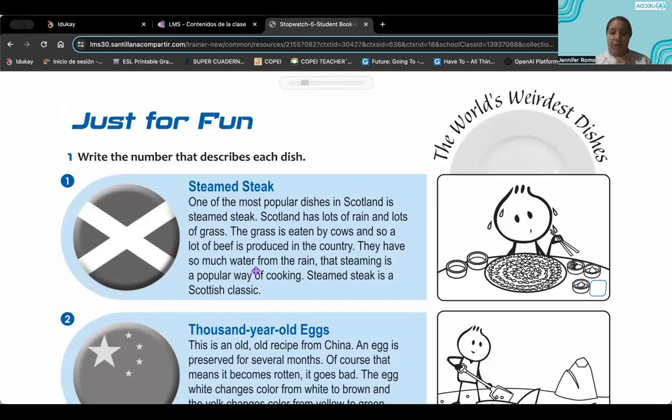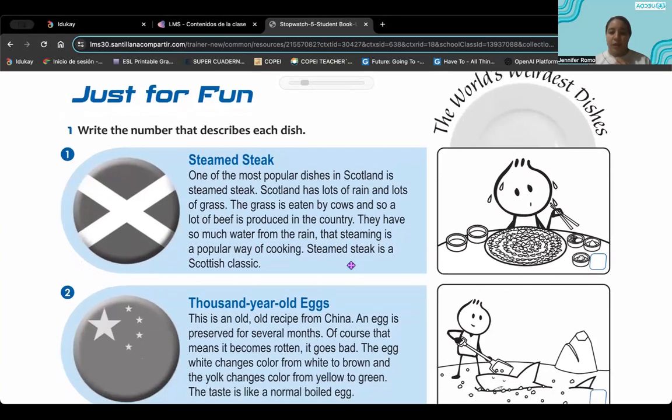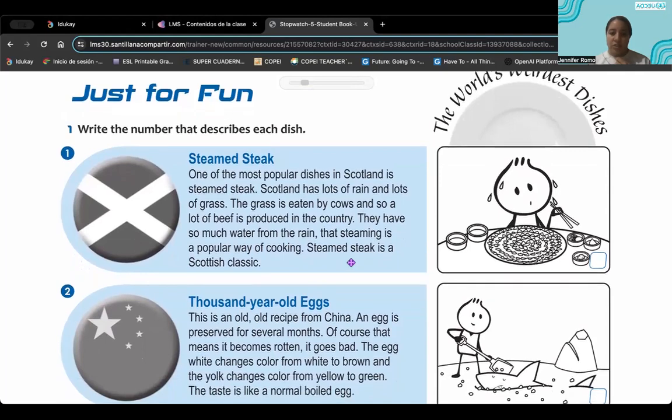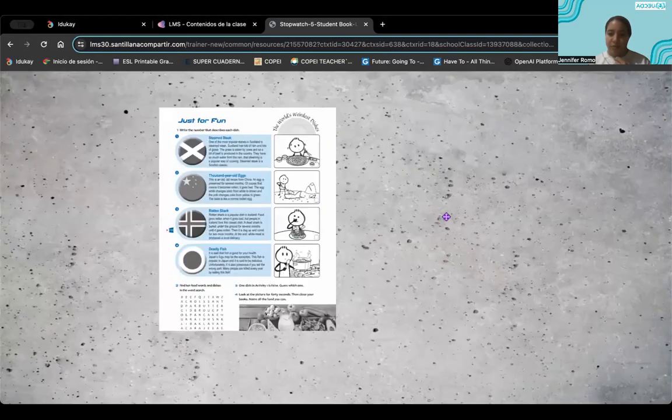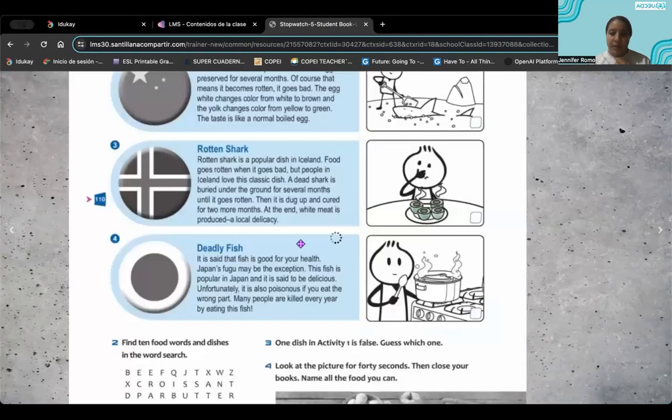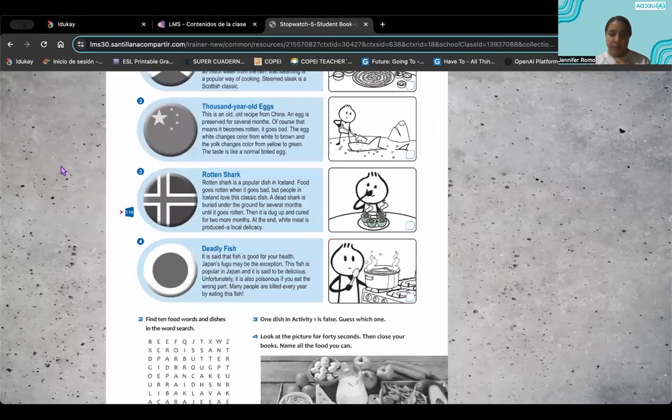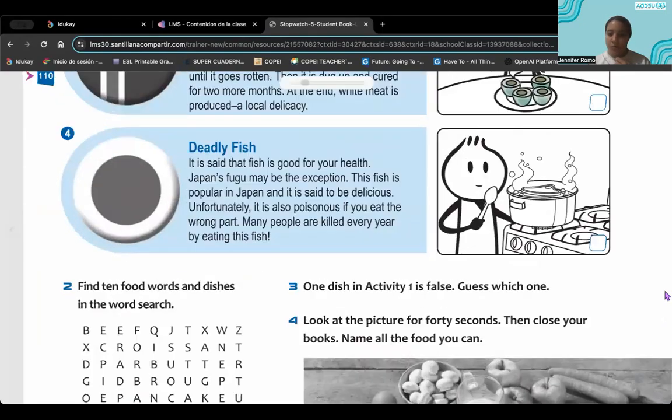Ellos tienen mucha agua por la lluvia, así que hacer las comidas al vapor es una forma muy popular de cocinar en ese país. La carne al vapor es un clásico Scottish classic, o sea, un clásico escocés. Ok, entonces, I think this is number 1. Ok, yo creo que esta es la número 1. Here. Number 1. So, así lo van a realizar con el resto.